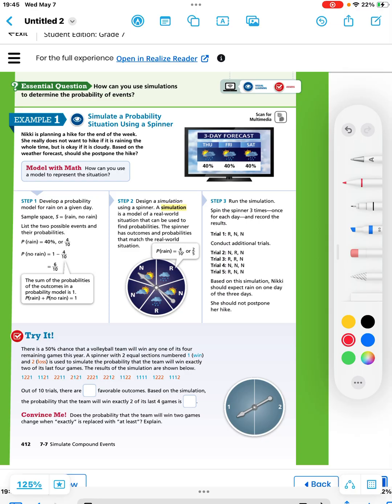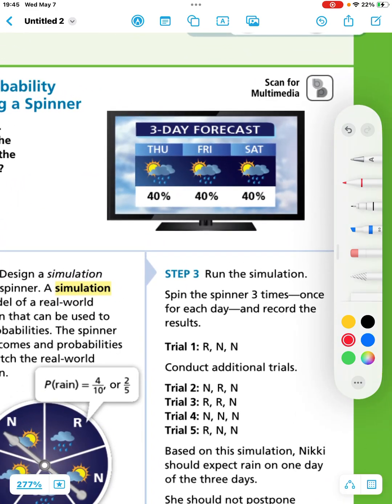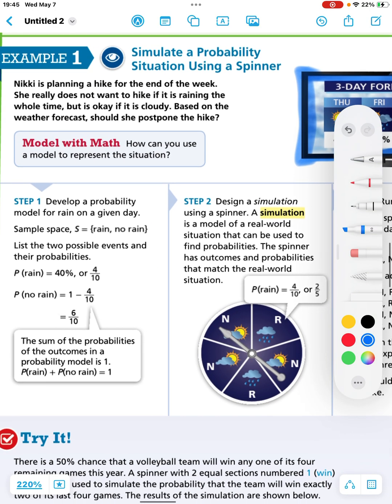Nikki is planning a hike for the end of the week. She really does not want to hike if it is raining the whole time, but is okay if it's cloudy. Based on the weather forecast, should she postpone the hike? Well, keep in mind this weather forecast, very similar to our weather forecast, is a 40% chance of rain.